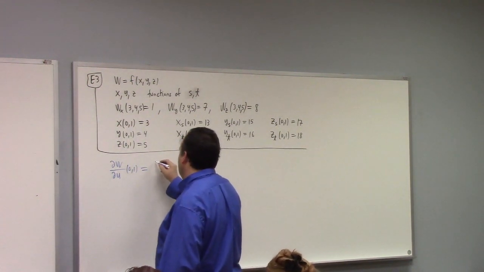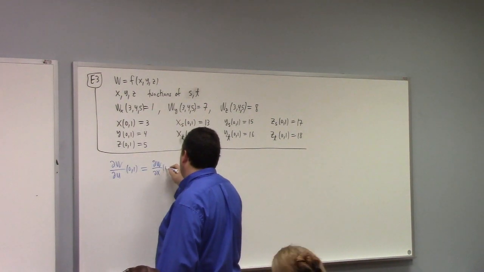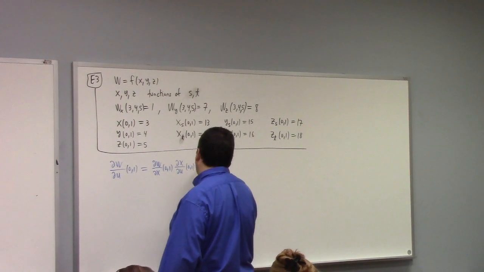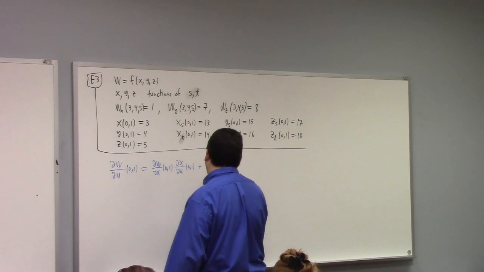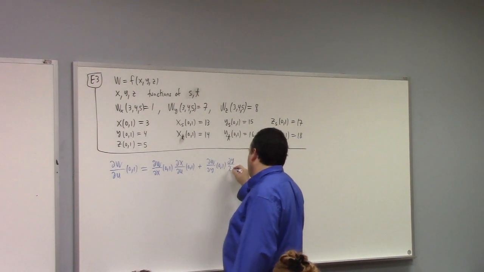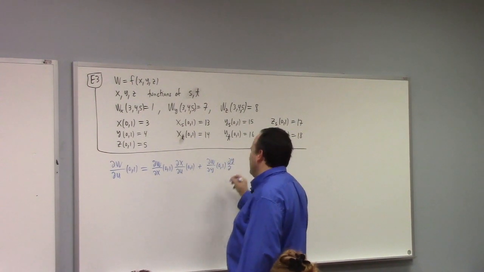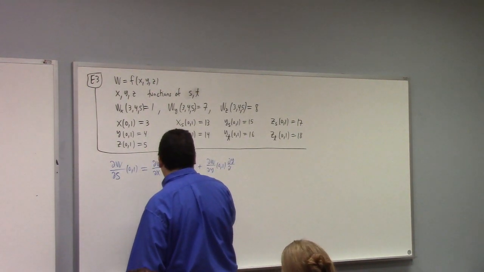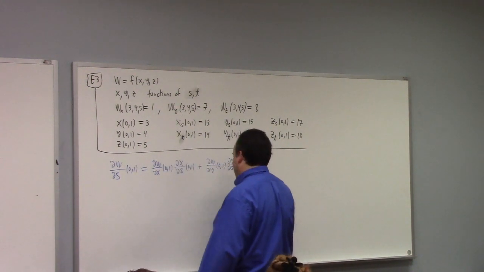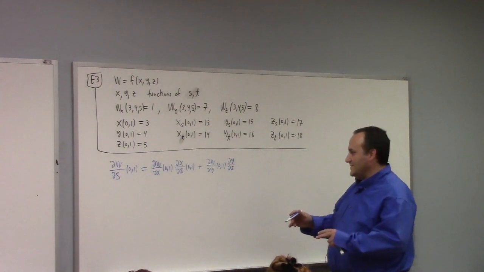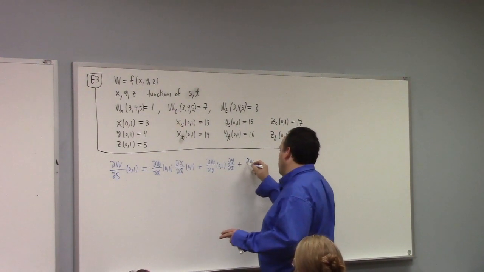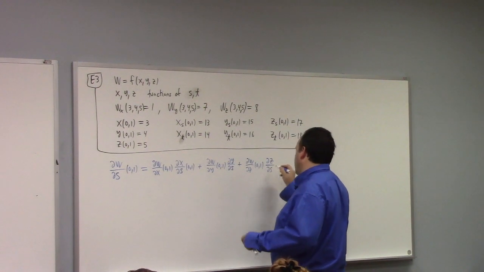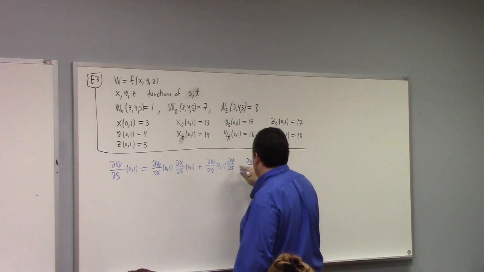So it is partial w, partial x at 0, 1, partial x, partial u at 0, 1, plus partial w, partial y at 0, 1, partial y, partial s, I'm doing it again, s, not u, trying to use s, plus partial w, partial z at the point we're given, partial z, partial s. All right. And again, technically these are at 0, 1.